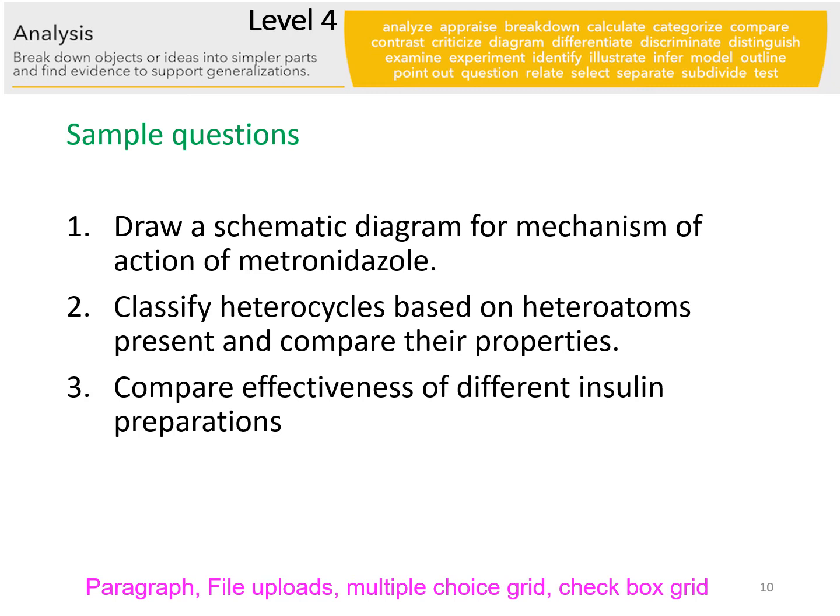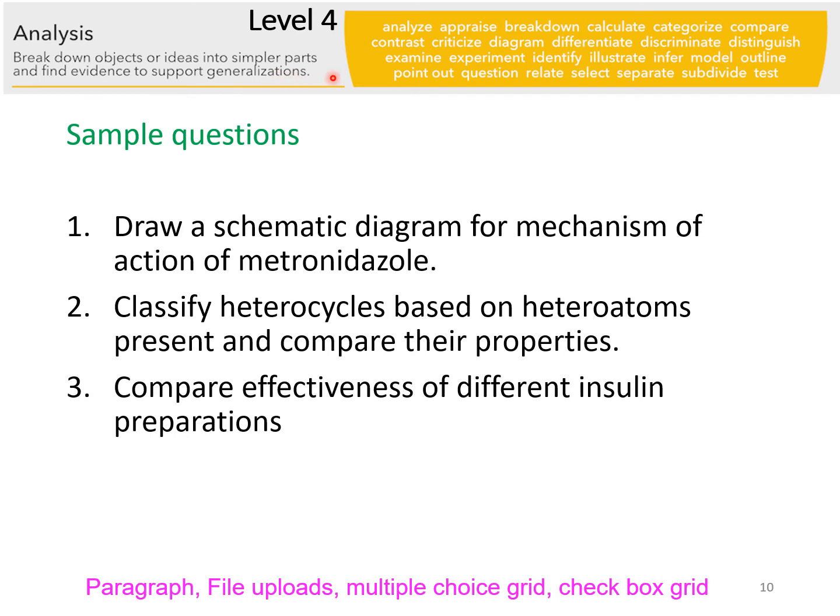Now the job gets tougher over here. In level 4, we are going to test whether they are able to analyze something. So analysis technically means breaking down the objects or ideas into simpler parts to learn and finding evidence to support some generalizations.